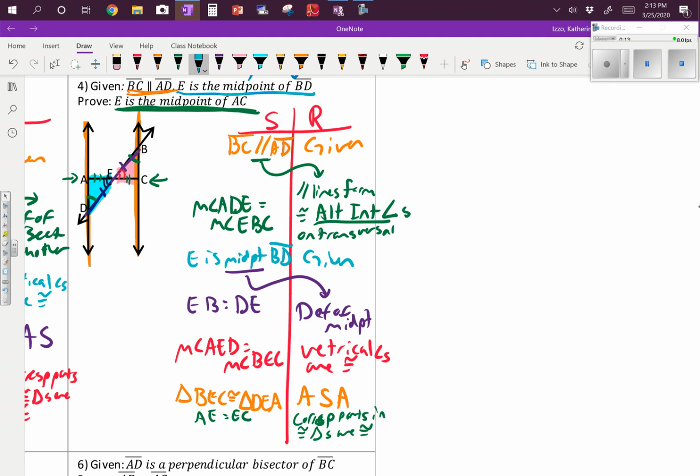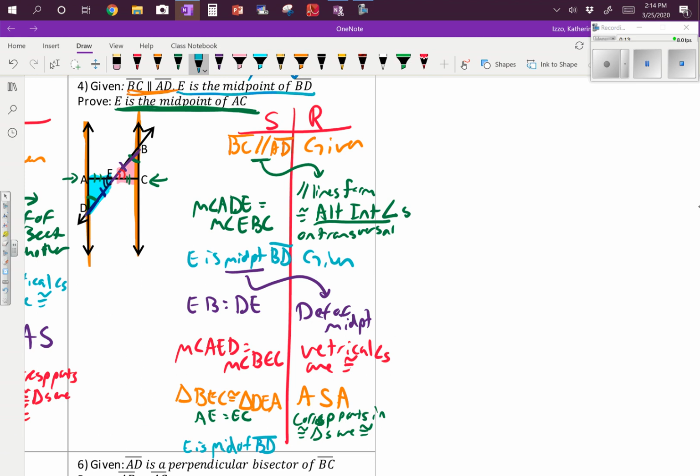I can say then E is midpoint of AC. Why? What does midpoint mean? If E is the midpoint, that means what? What do we say for the definition of midpoint? That it's chopped into two equal pieces. And we just proved that that line is chopped into two equal pieces.